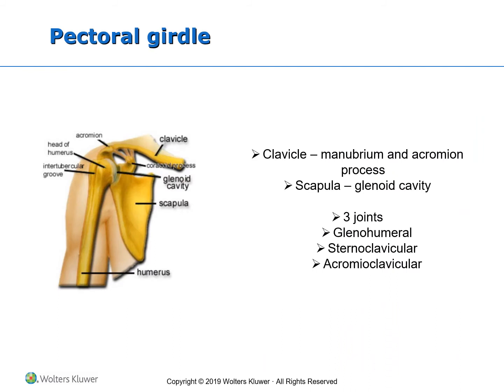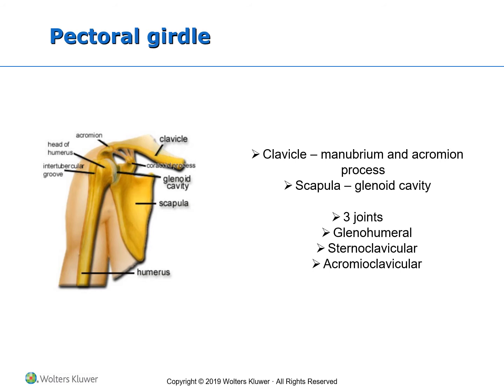The pectoral girdle will be made out of 2 bones. We have the clavicle and the scapula. The clavicle connects to the manubrium, which is the upper part of the sternum, and to the acromion process, which is part of the scapula.